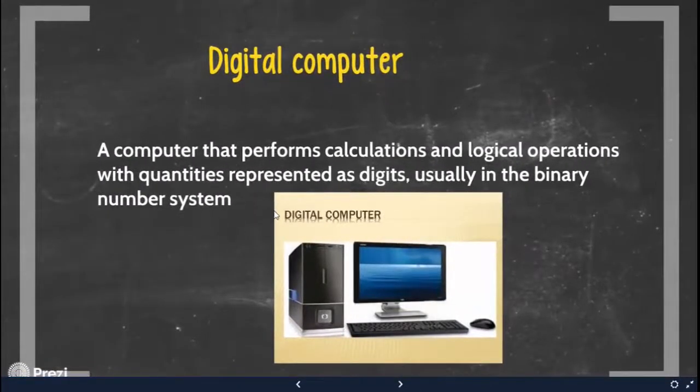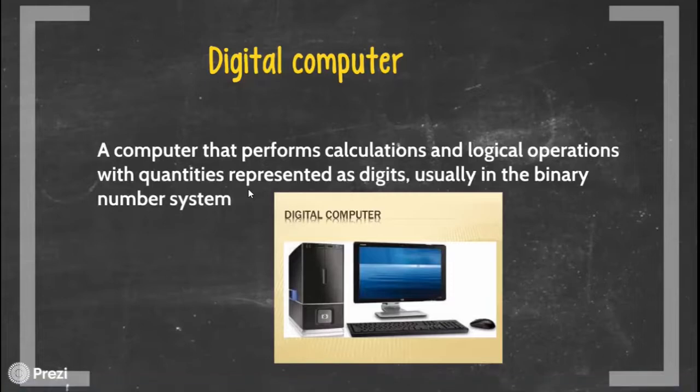So this is the upgrade of the analog computer. A computer that performs calculations and logical operations with quantities represented as digits, usually in the binary number system, which is the ones and zeros.